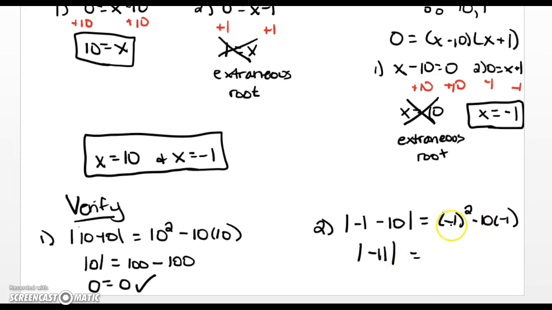That's equal to, so -1 squared is +1, and -10 times -1 is +10. So the absolute value of -11 is +11, and then 1 plus 10 is +11. So 11 is equal to 11, which means that verifies. So both x is equal to 10 and x is equal to -1 are solutions to this equation.